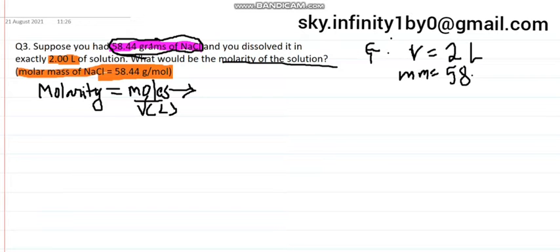The unit is very important. And we are also given the mass of NaCl. So the mass of NaCl is also written over here as 58.44, which is the same as its molar mass.